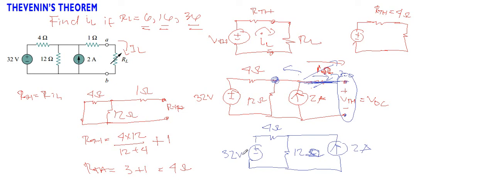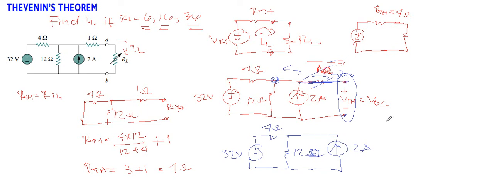We have 32 volts and 4 ohms in series. So what if I do source transformation on that? We have 32 divided by 4, which is 8.